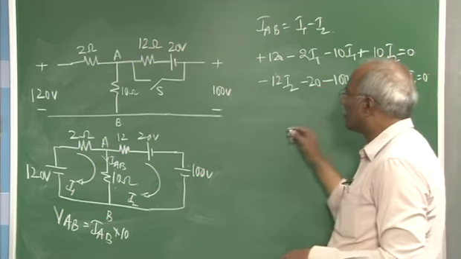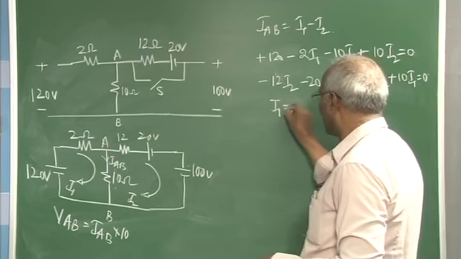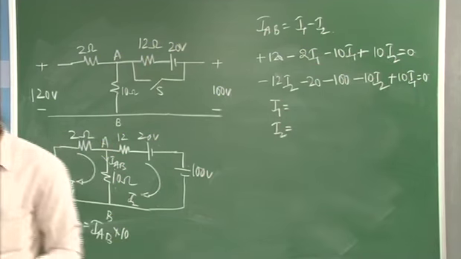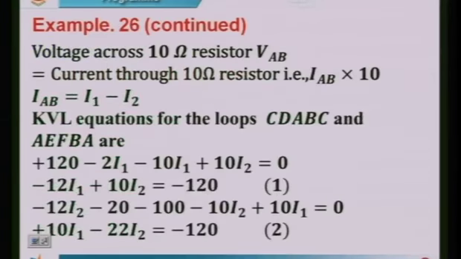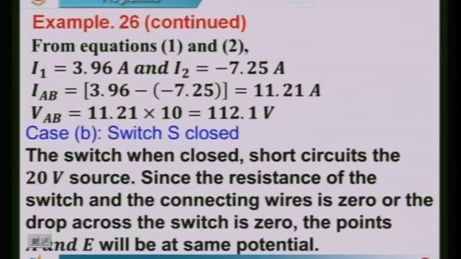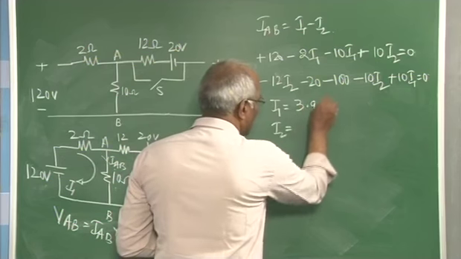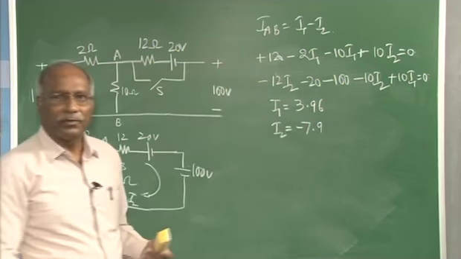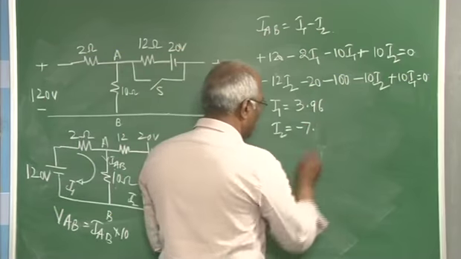When you solve these two equations, you will get I1 is equal to 3.96 and I2 is equal to minus 7.25 amperes.